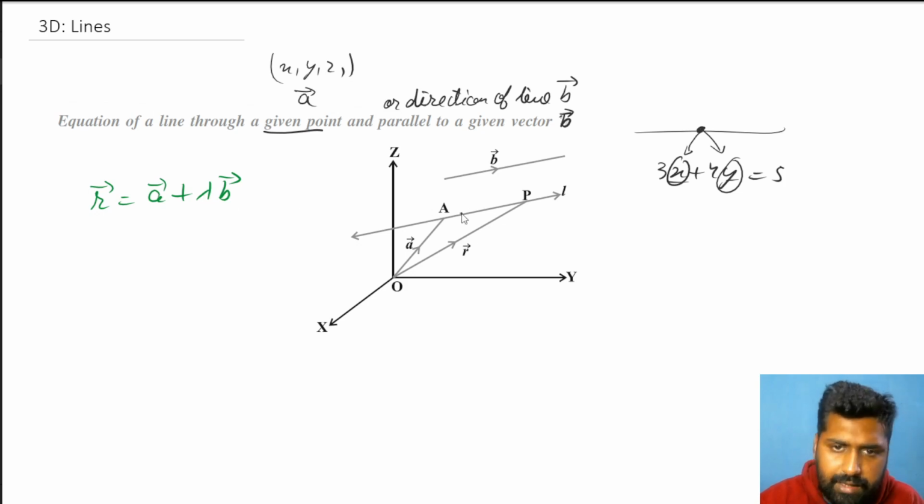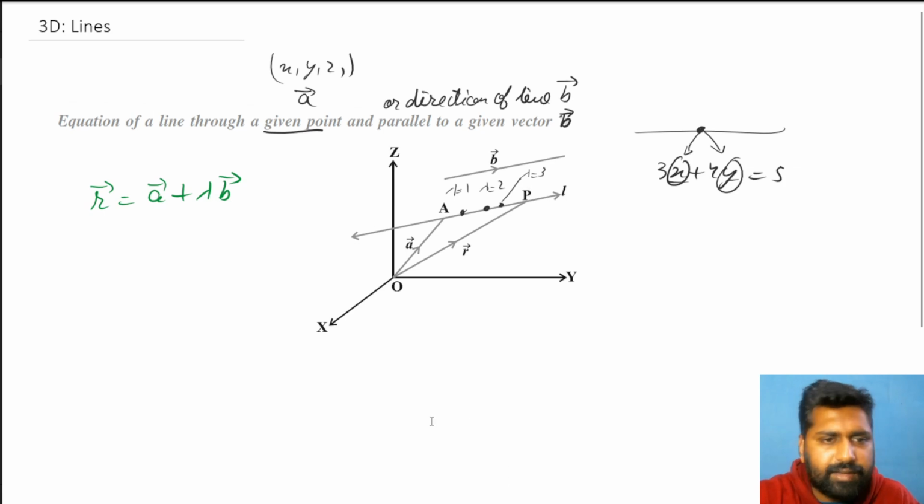That means for every single point you will have different value of lambda. Let's say lambda equal to 1 is this point, lambda equal to 2 is this point, lambda equal to 3 is this point. So all the points on the line will have different lambda, but equation of line will be like this: r vector is equal to A vector plus lambda B vector.